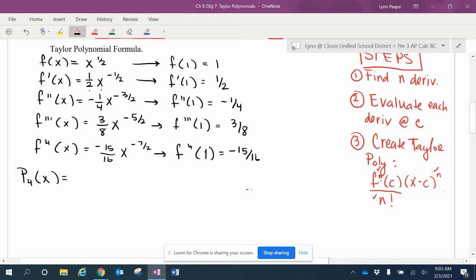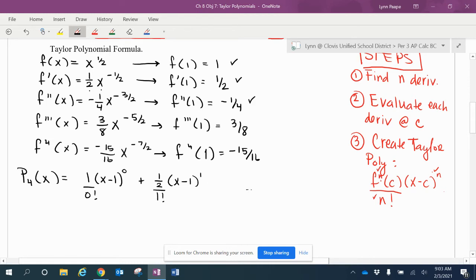Okay, so here we go. We're going to start with this first one right here. We have no derivative, right? So we have 1, and then x minus 1 to the power of 0, because I didn't use a derivative, and then divided by 0 factorial. Now I'm going to go to my first derivative evaluation. So that would be plus 1/2, and then x minus 1 to the power of 1 divided by 1 factorial.